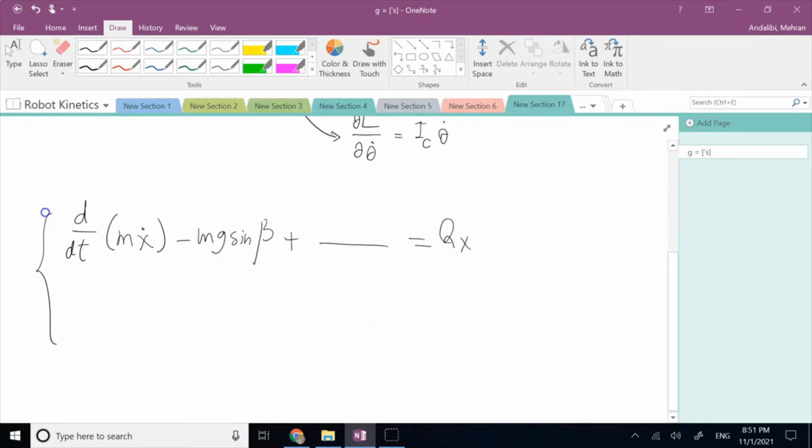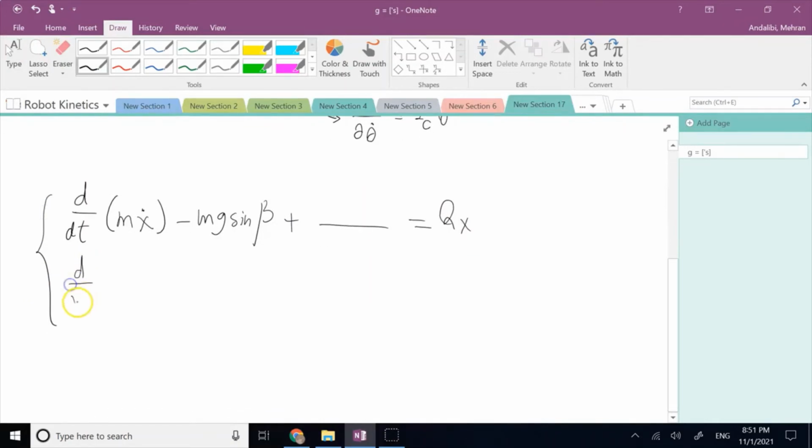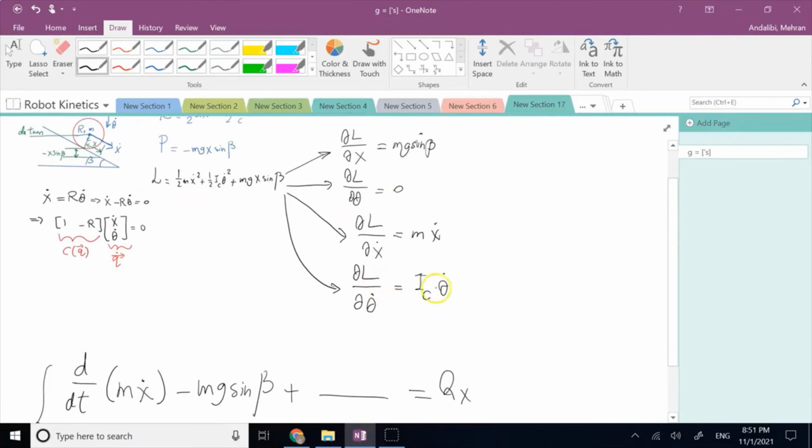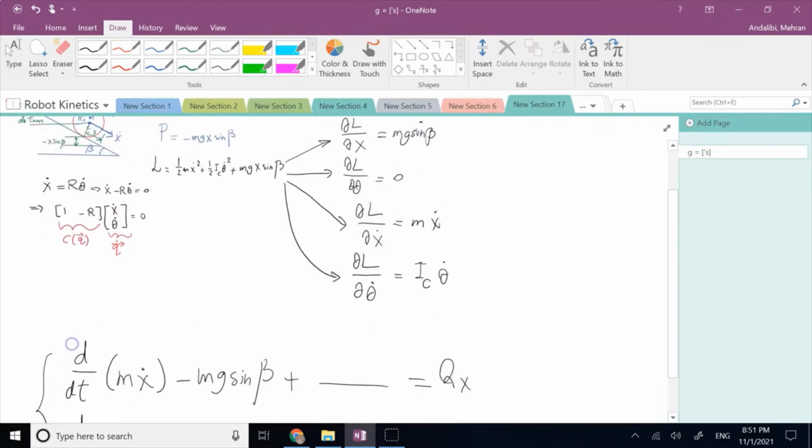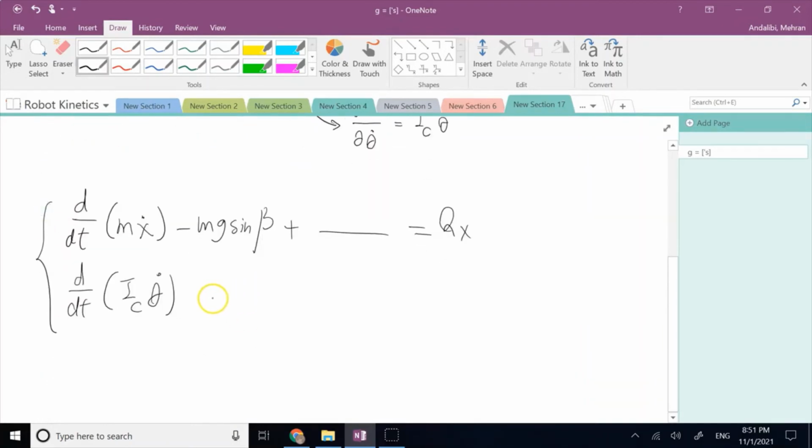And then I have d over dt of partial with respect to theta dot, which is IC theta dot. There is no theta term, so it's 0, and then plus the constraint term here, equal to that, right?